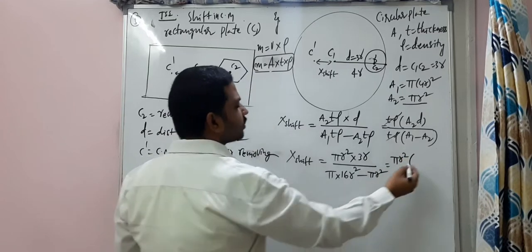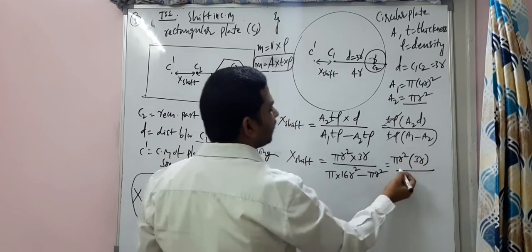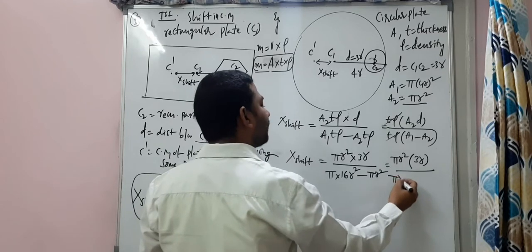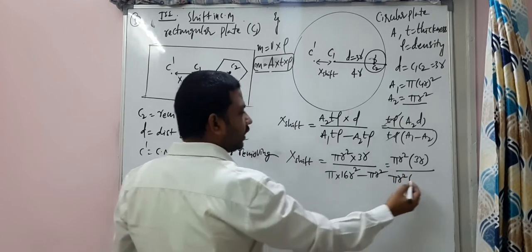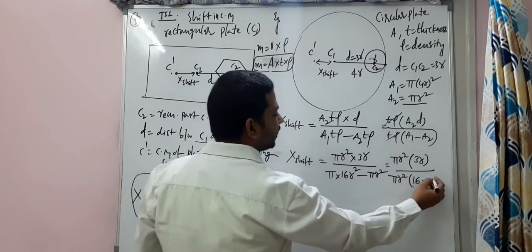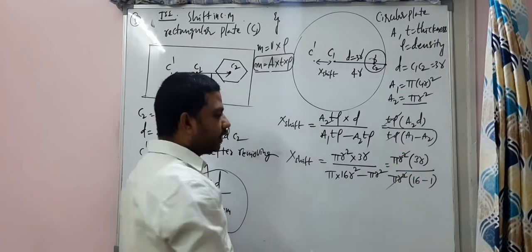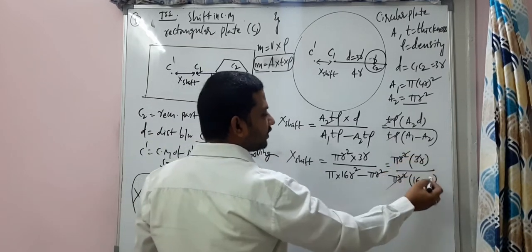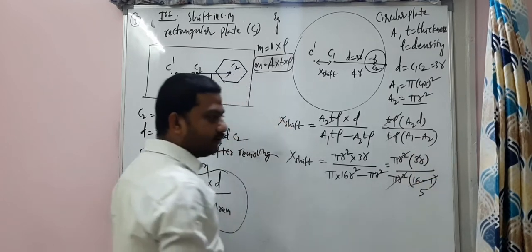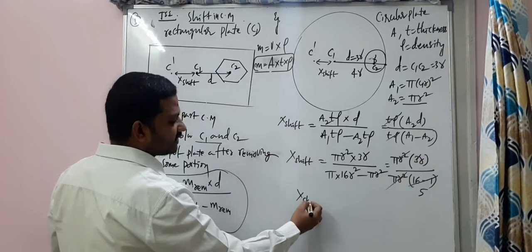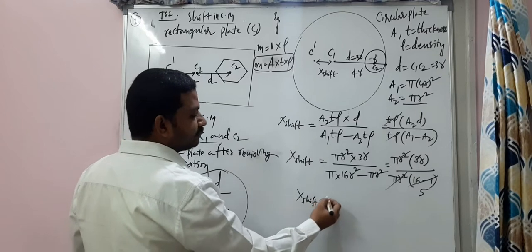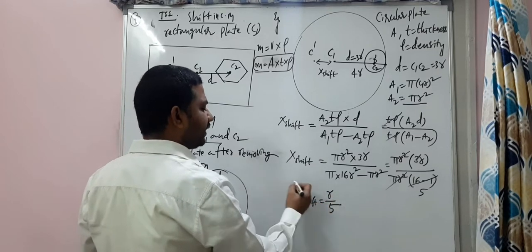Pi r square common, it is 3r divided by 16 minus 1. Pi r square is gone. So 3 1s are 3 and 3 5s are 15. So our x shift we have got as r by 5, my dear students.